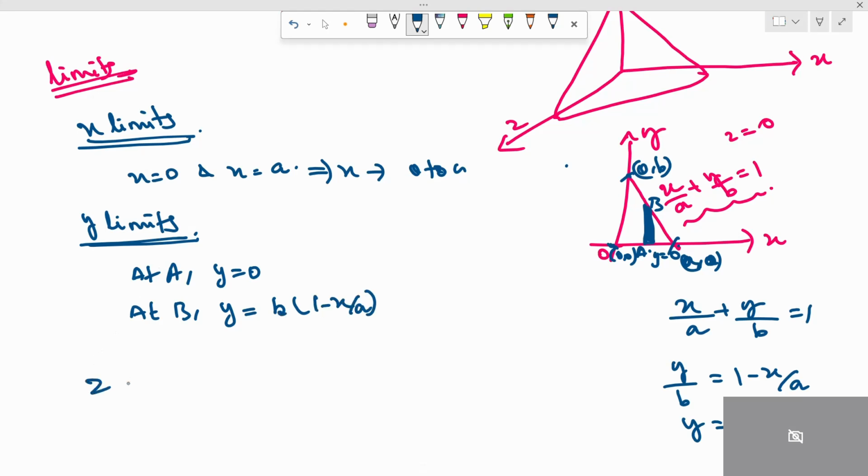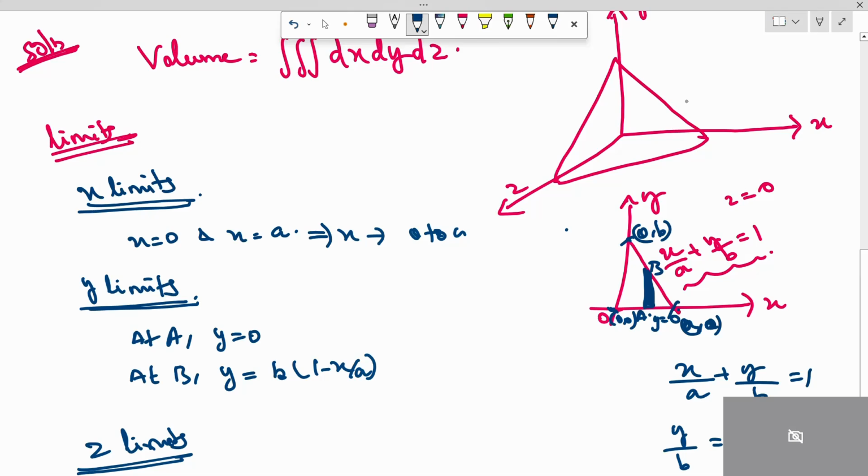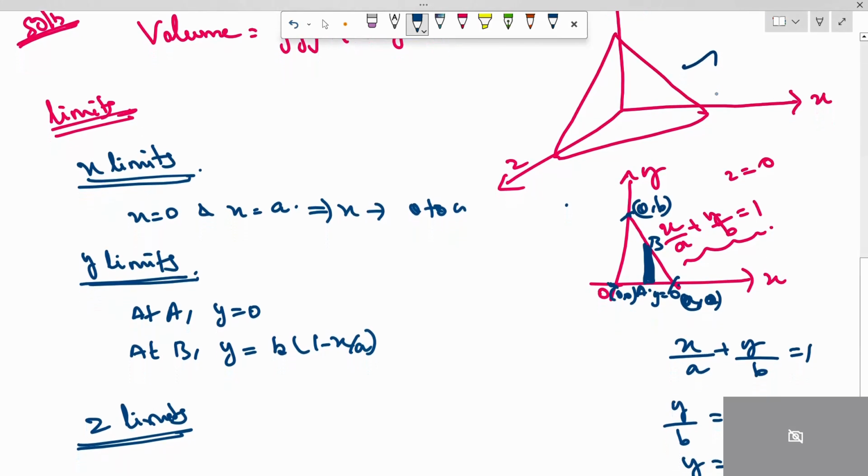And then we need z limits. From this diagram we can write easily the z limit.